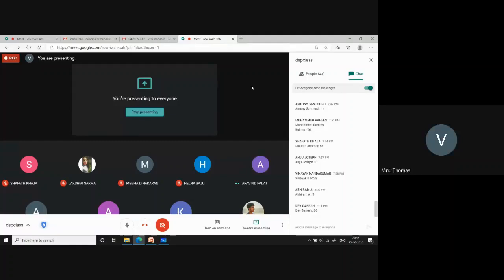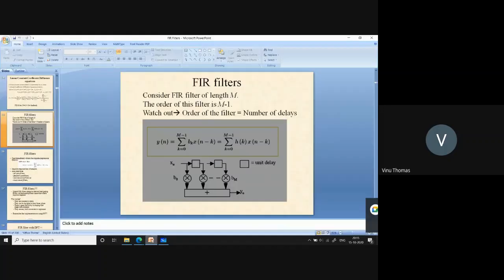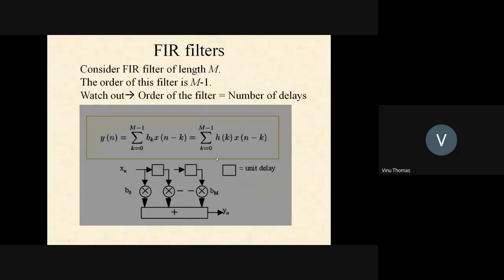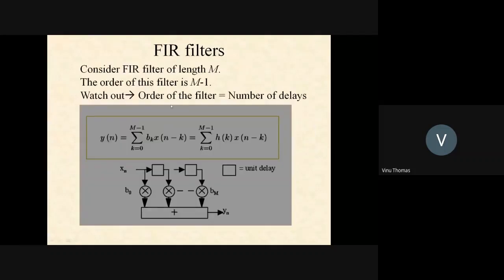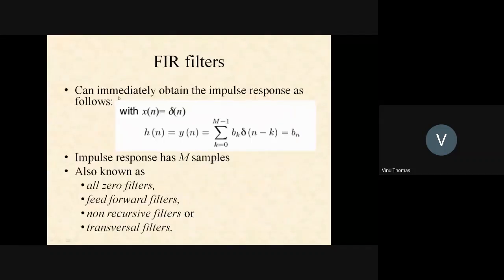Okay. So what is the order of an FIR filter of length 100? 99. So very simple, very straightforward. Order of an FIR filter indicates the number of delay elements. It therefore indicates the number of memory locations needed to implement the filter. Once you get the filter, you can immediately write down the impulse response as follows.